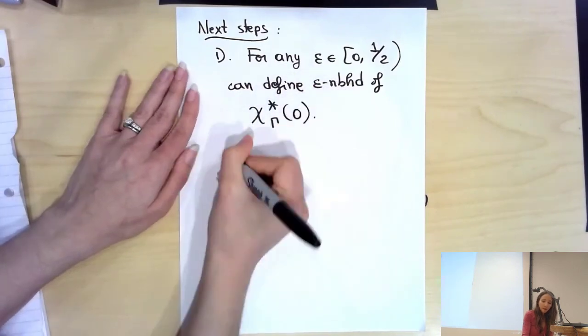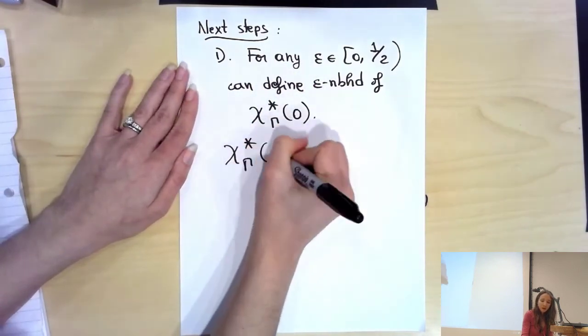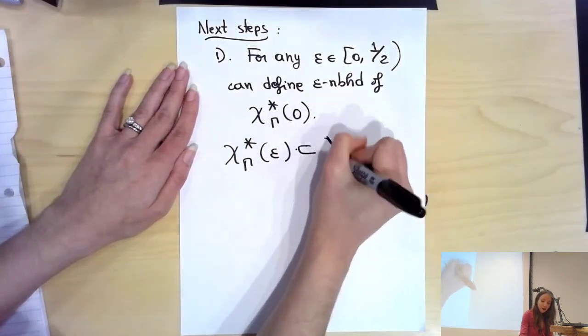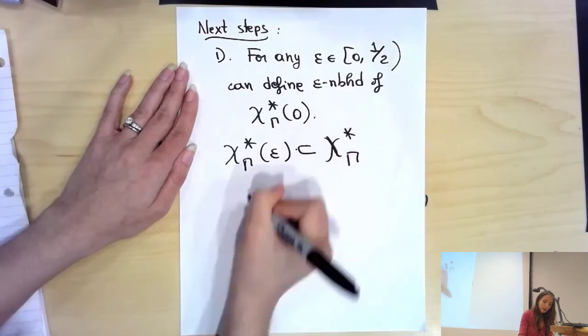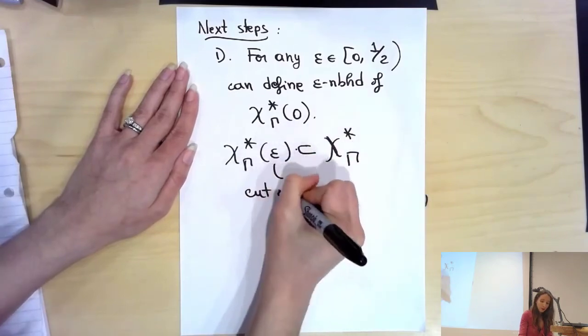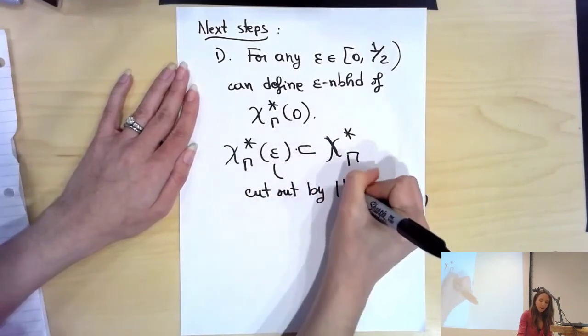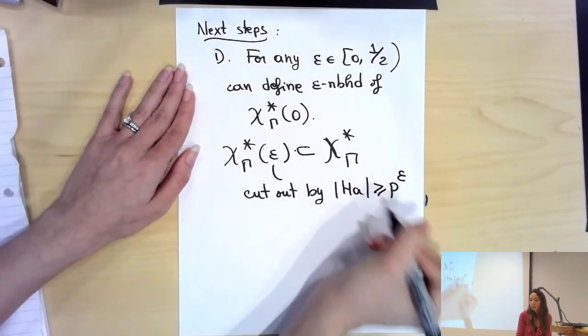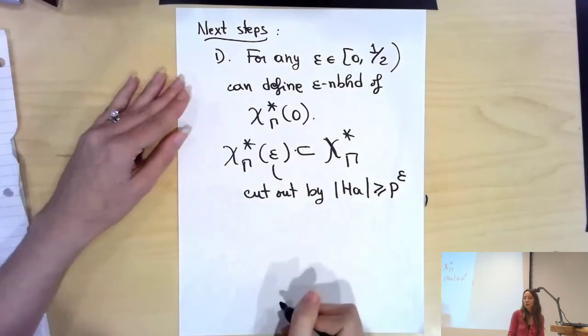This epsilon neighborhood is going to be an open inside the full space that is cut out by the Hasse invariant, so an inequality on the Hasse invariant. We're going to ask that the valuation of that is greater than or equal to p to the epsilon.